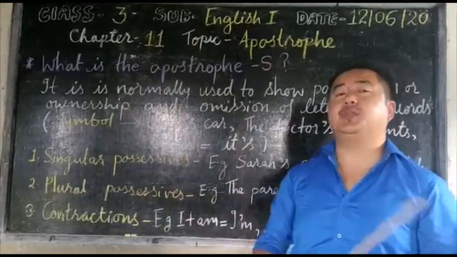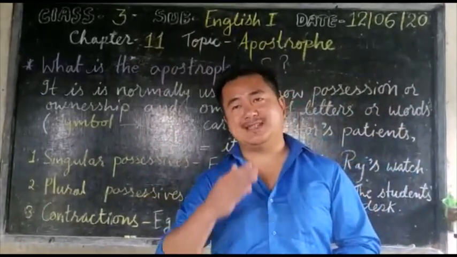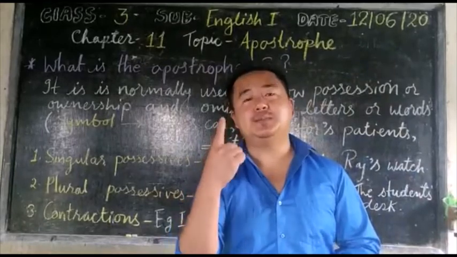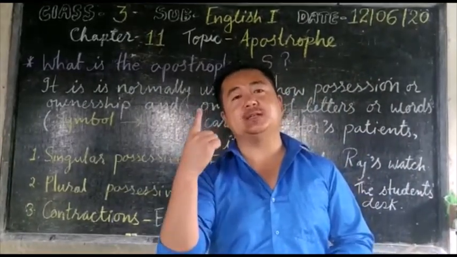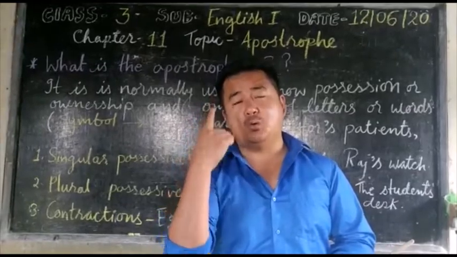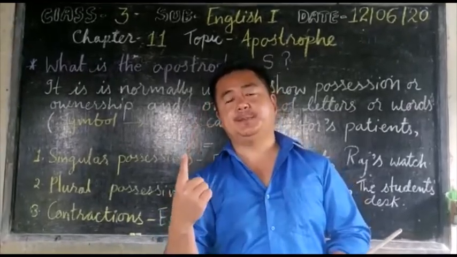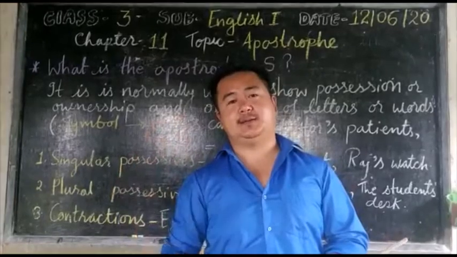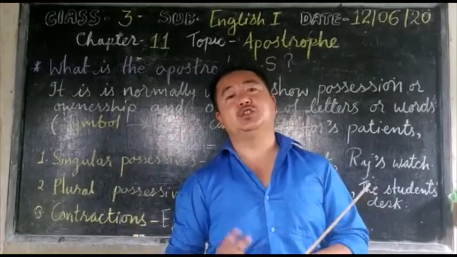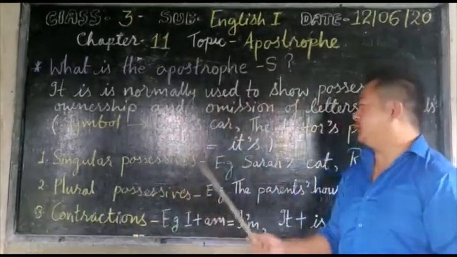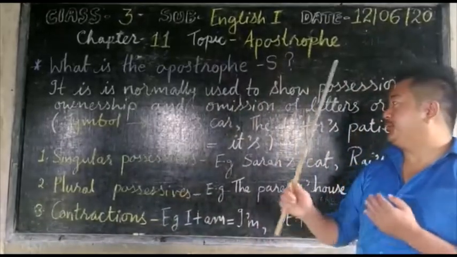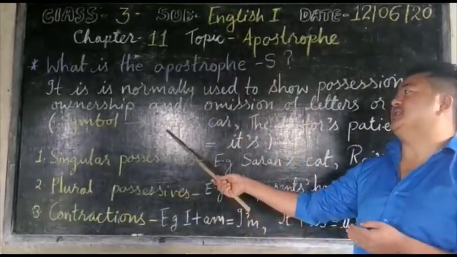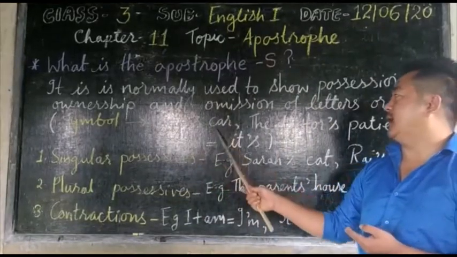When one person owns something, that is singular possessive, the apostrophe is used just before the S. For example, see here, it is J's car.